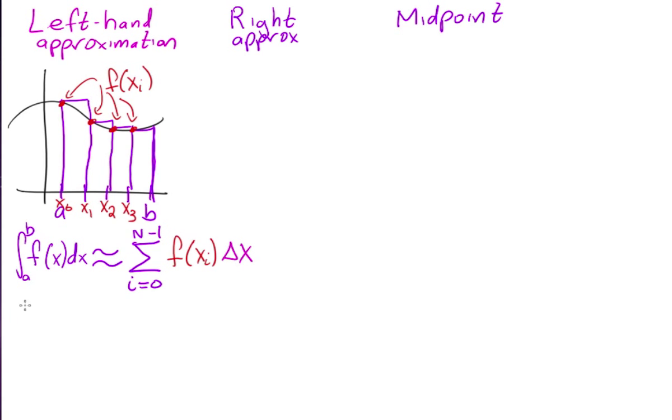Delta x, remember, is the width, so that's b minus a over n: the end minus the beginning over how many intervals you have. You guys remember this? Roughly, at least?